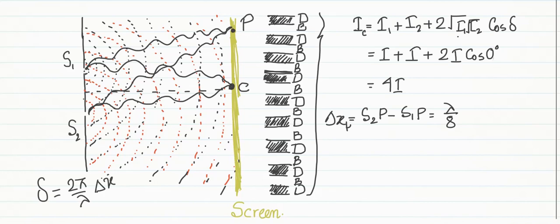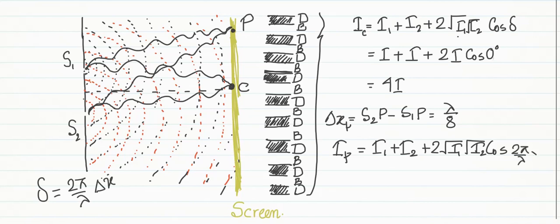If I want to find the intensity at the point capital P, then IP is equal to I1 plus I2 plus 2 root I1 root I2 multiplied by cos del, and we have to find the value of del at the point P. That is 2 pi divided by lambda multiplied by lambda divided by 8.